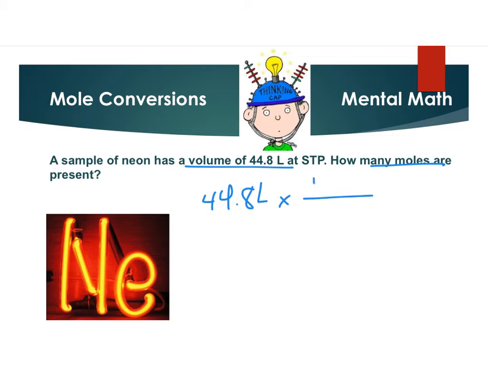We know that for every 1 mole of any gas at STP, there are 22.4 liters. All of this being neon. I missed that. Let me fix that. Neon, neon, neon. Okay, your liters of neon cancel out. 44.8 divided by 22.4 is a lovely 2 moles of neon.